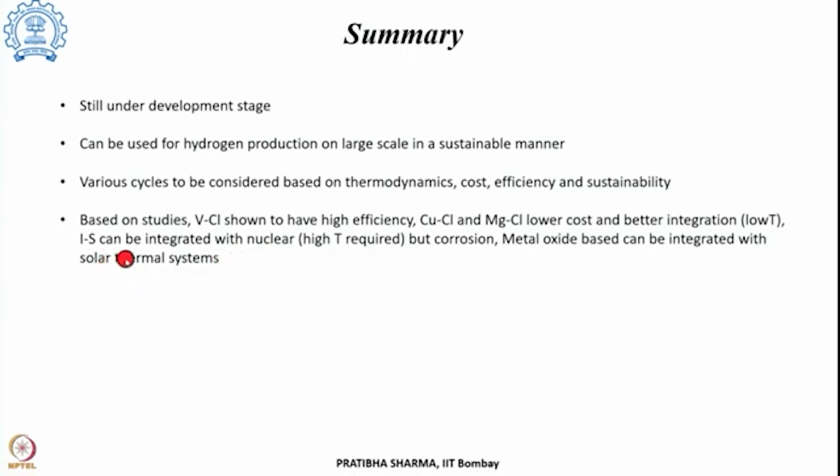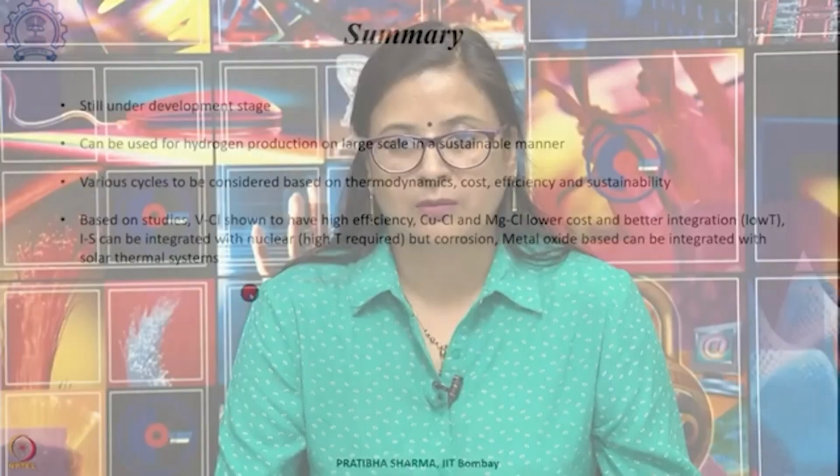For iodine sulfur, the temperature requirement is higher, so it can possibly be integrated with nuclear power plants, but there are challenges like corrosion. The metal oxide cycles that we have seen can be integrated with solar thermal systems. So, this is about the thermochemical cycles. Thank you.